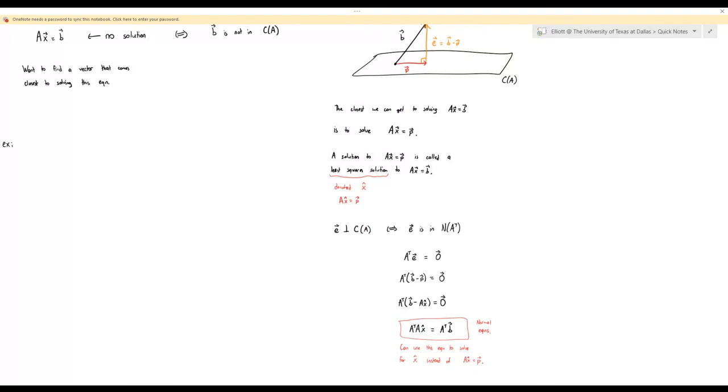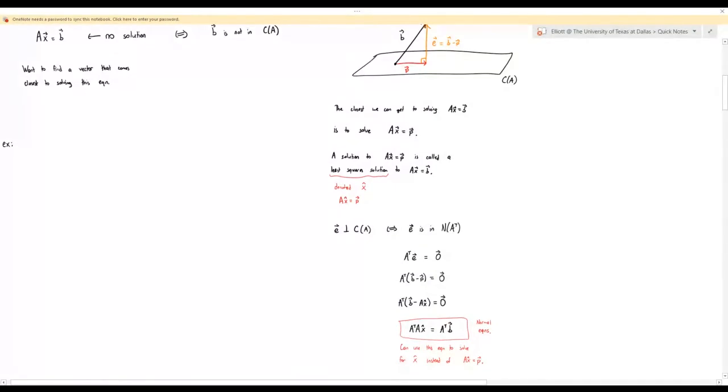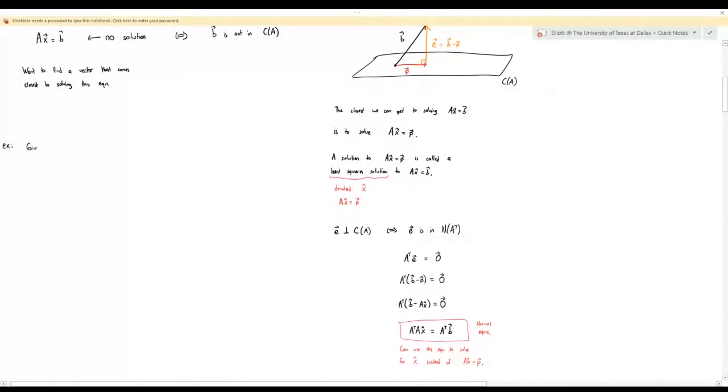Given a set of points, you want to find a curve that will best fit those points that you're given. So let's consider the following example first. Let's say that we're given the following data points.